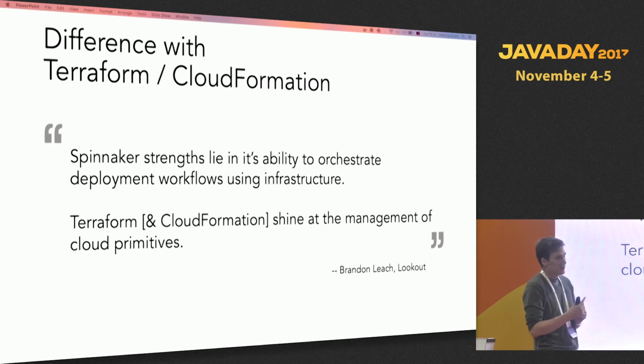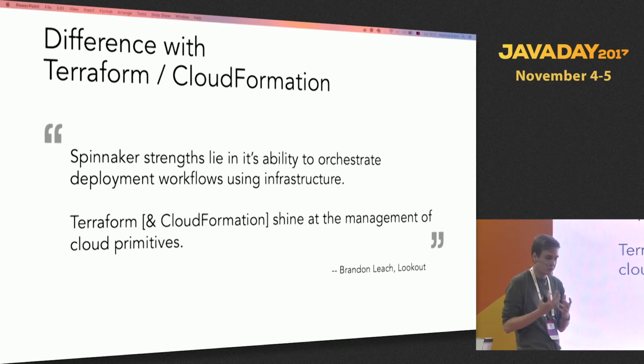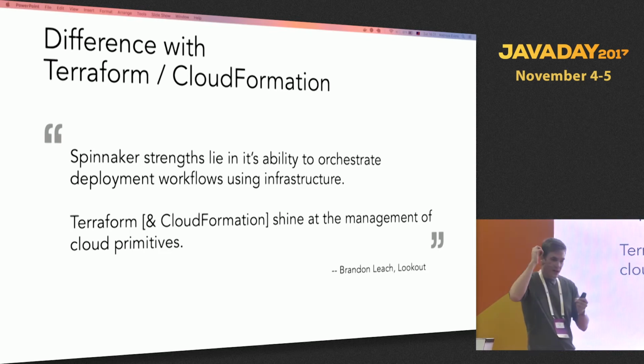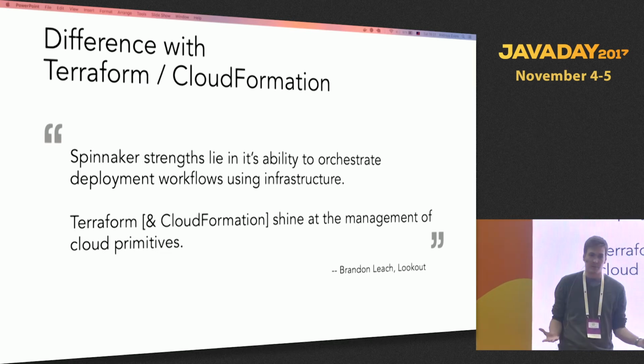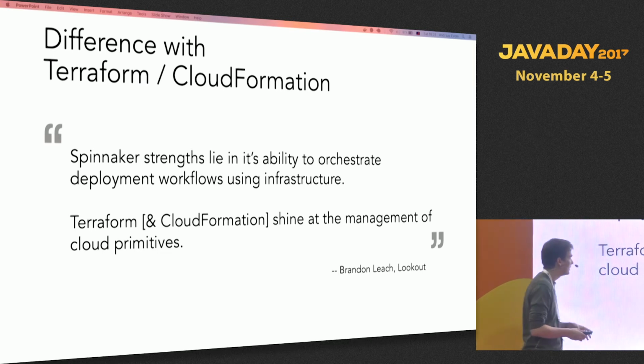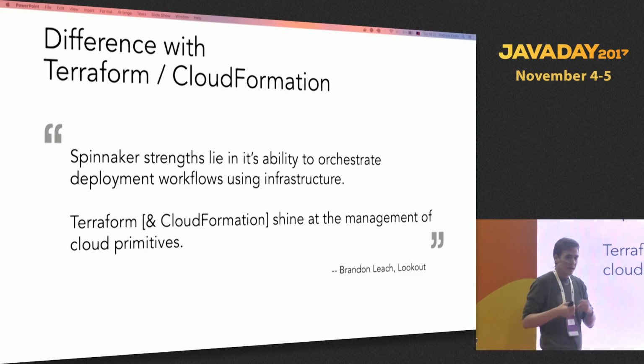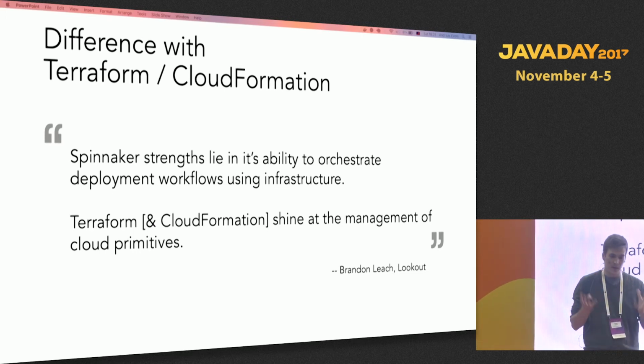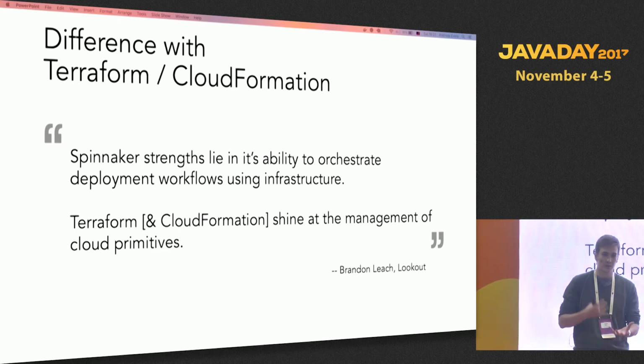But Spinnaker has a different approach, a different perspective, and they can work in conjunction. It's not mutually exclusive. Spinnaker really focuses on delivering applications as fast as possible through a robust pipeline, while Terraform and CloudFormation are really focusing on setting up complex tools in a predictable way as code, a configuration as code.